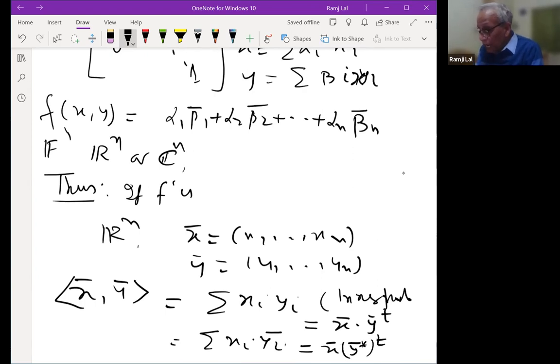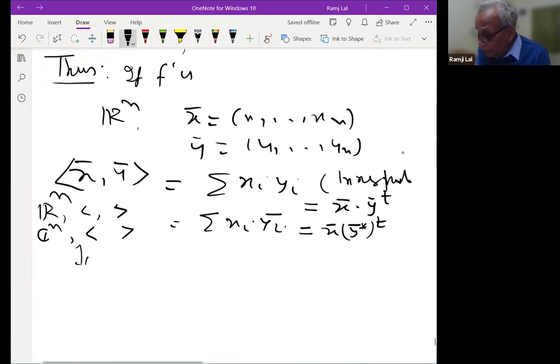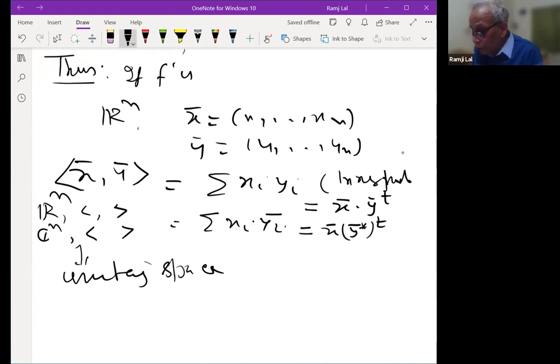This is your unitary product, as we call it. So R^n with this is called the Euclidean space, and C^n with this Hermitian inner product, the positive Hermitian product, we are taking the same notation for both. That is called the unitary space, or the complex unitary case. So this is the Euclidean space case, and this is the unitary case.